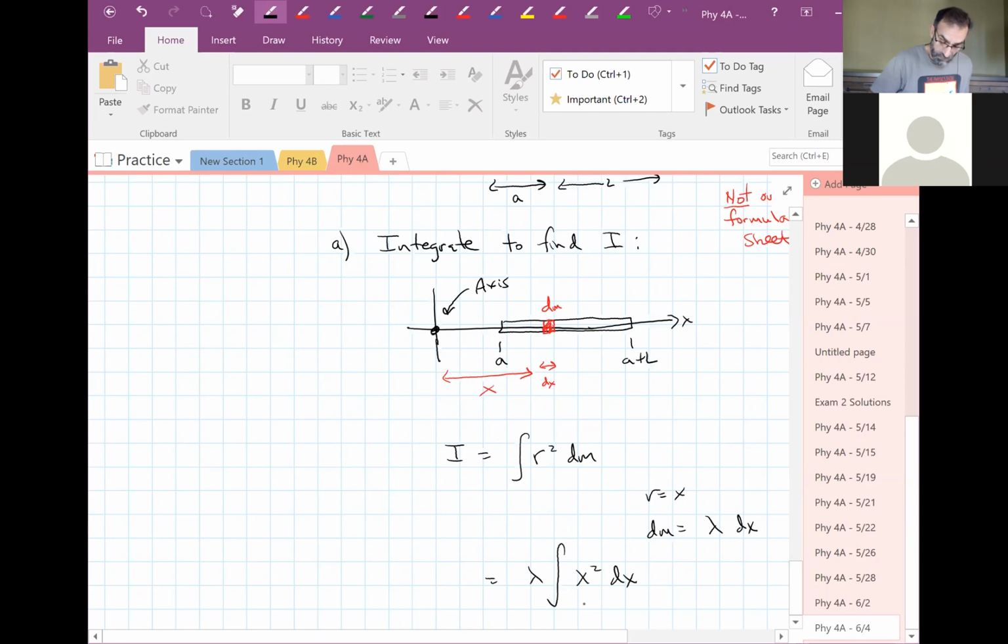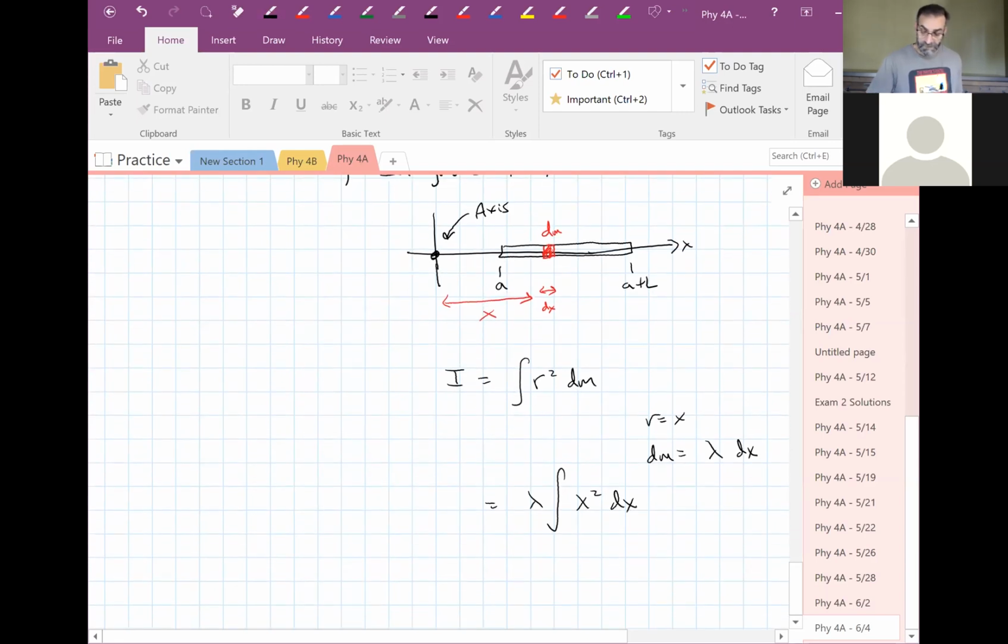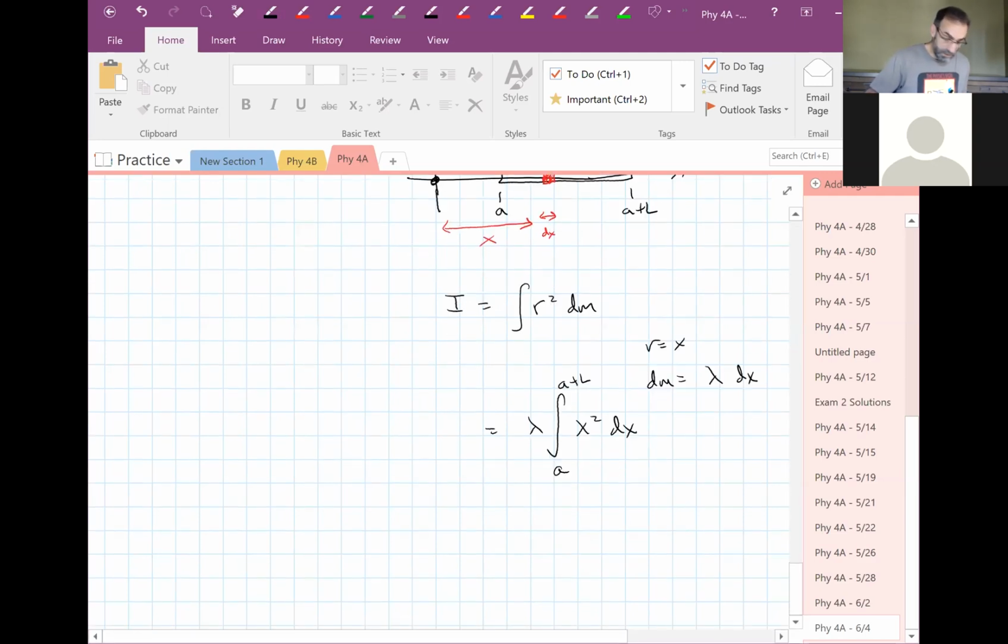And we're integrating from a to a plus L, over the whole rod from one end to the other.